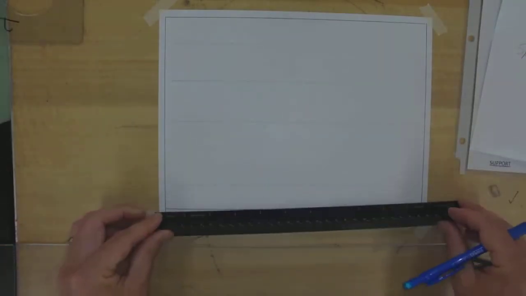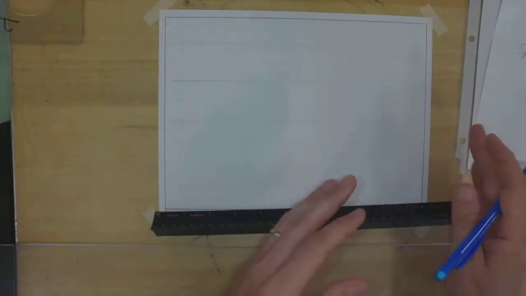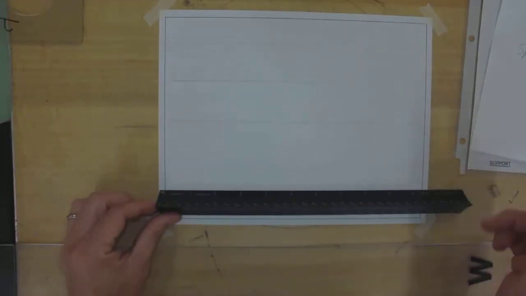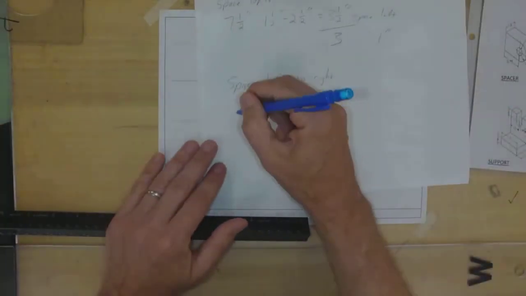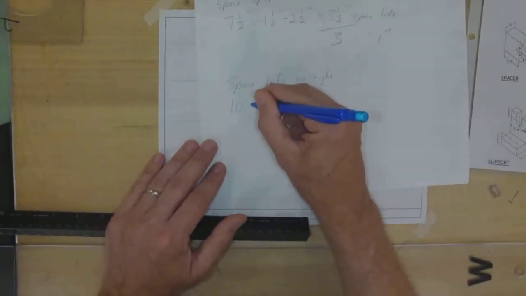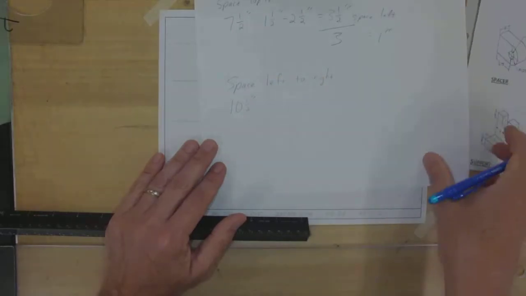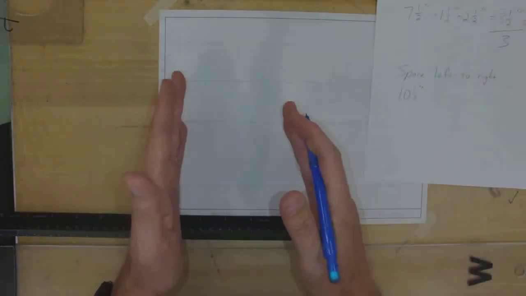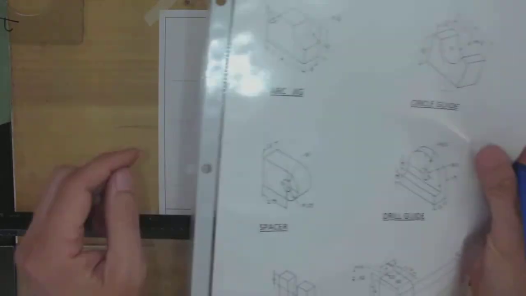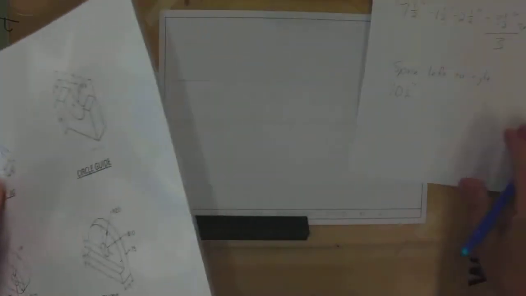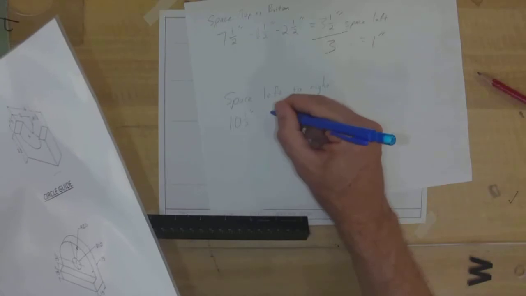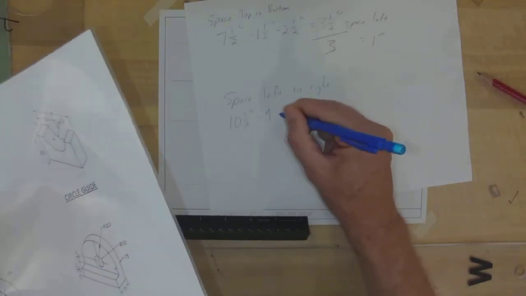Alright, now we need to figure out how we're going to space right to left. So total amount of space we have is 10.5 inches. How much space do we need for this front view? 4 inches there. And then for the right side view, that will go here.